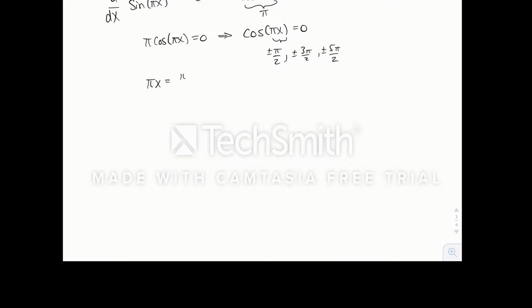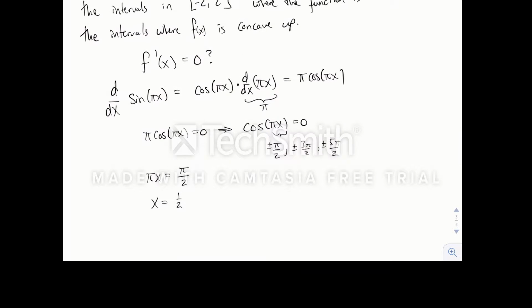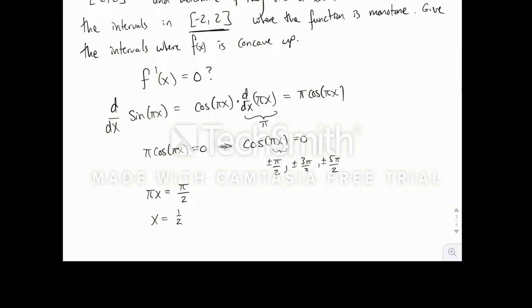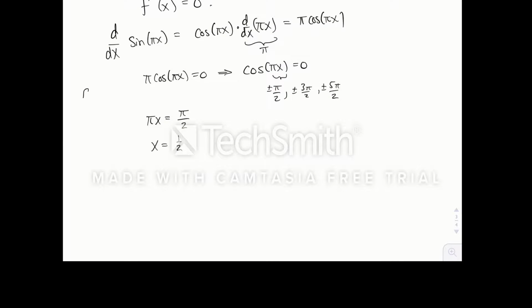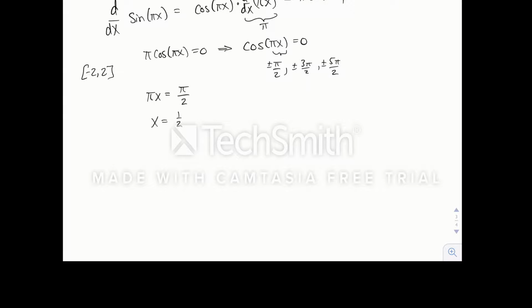For example, pi x equals pi over 2, so x equals 1/2 would be a solution. But we need to do as many of these as will fit inside of our domain, which again is -2 to 2. So if we do this more generally, pi x equals plus or minus pi over 2 yields plus or minus 1/2.